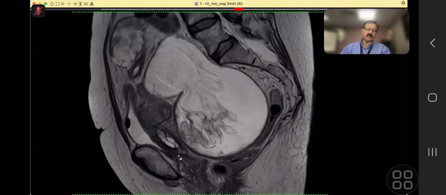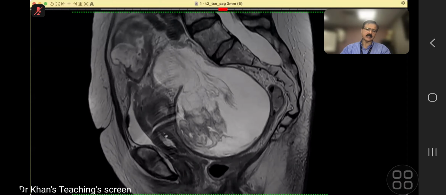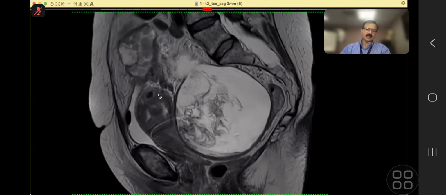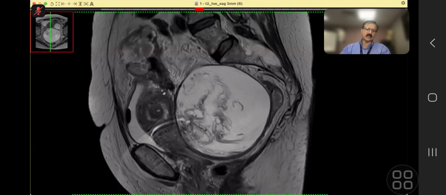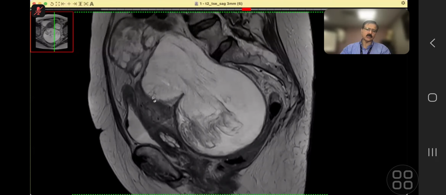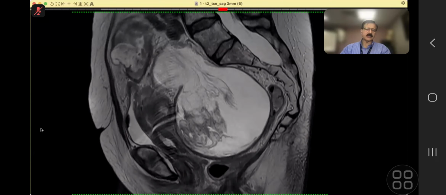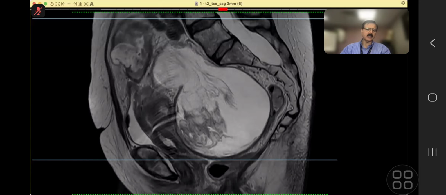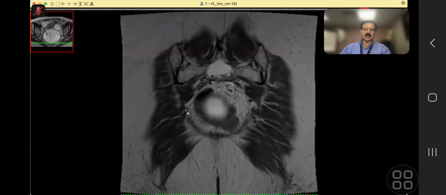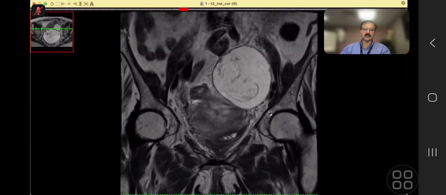And the uterus itself, these are some cysts, some thickening in the endocervical canal, and it is definitely invading the uterus also. I did not show you a coronal, but let's see a coronal just for the sake of it.